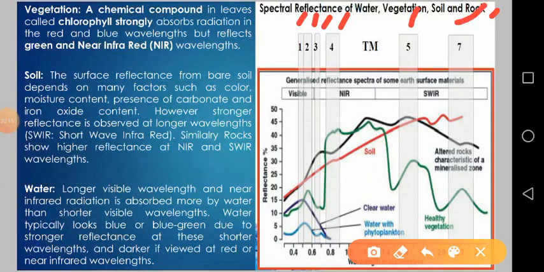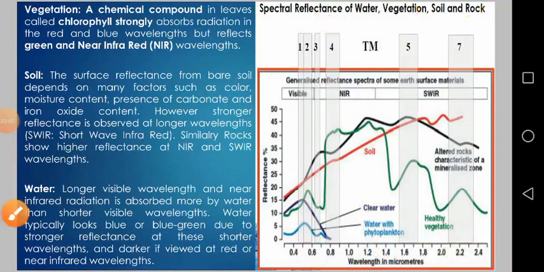Bands 1, 2 and 3 are of the visible spectrum, from almost 0.4 to 0.7 micrometer, namely blue, green and red bands. The fourth belongs to the near infrared. The fifth and seventh belong to the short wave infrared, the higher wavelengths.